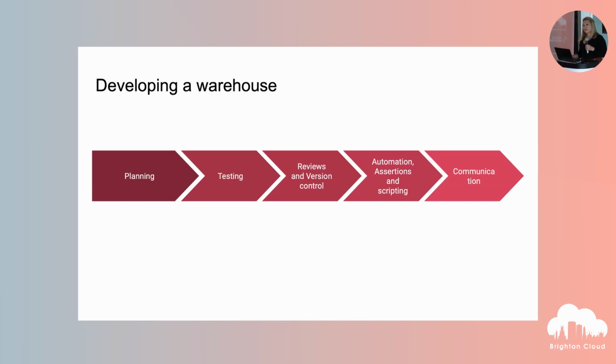And likewise, the communication. When you build a data warehouse, it's all well and good if you build the best data warehouse in the world, but if you don't communicate about it, no one's going to know what it is. So you do need to talk about what is in your data. Think about what other processes people are doing that are manual.